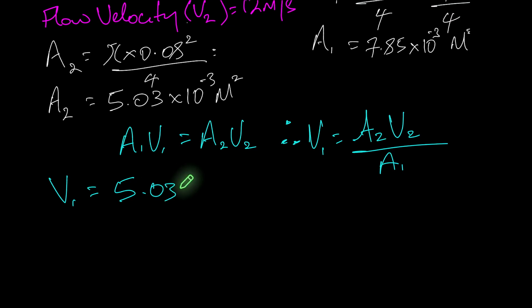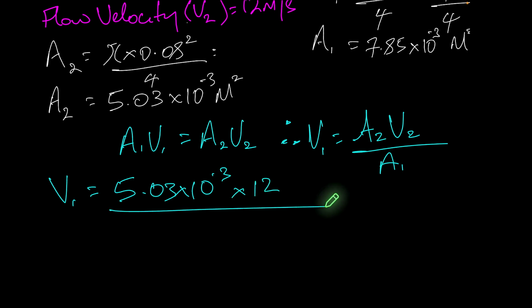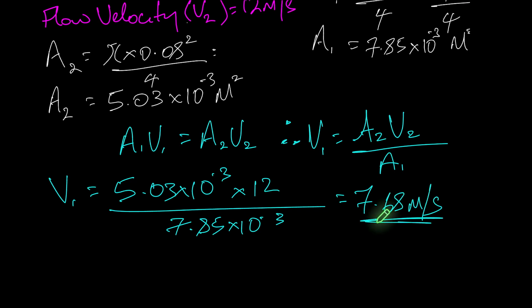So 5.03 times 10 to the negative 3 there for our A2 value, multiplied by 12 meters per second, and all divided by our initial value there for A1, 7.85 times 10 to the negative 3. So we have an initial velocity here of 7.68 meters per second. So this is representing our initial velocity.